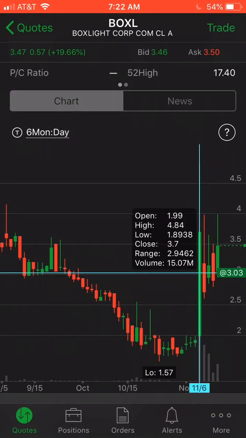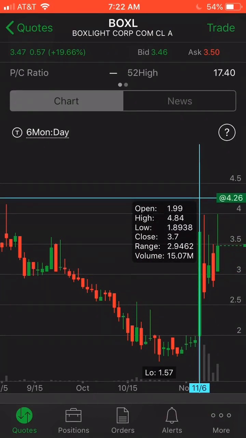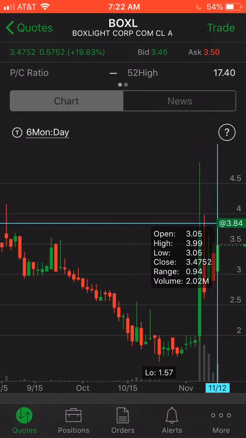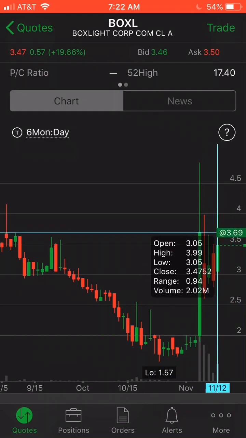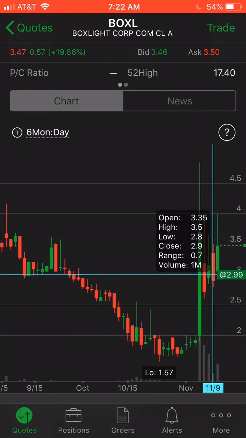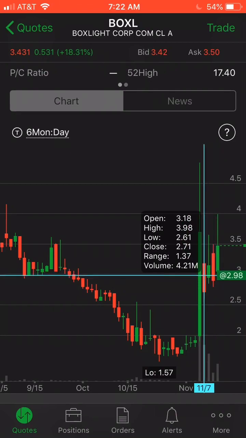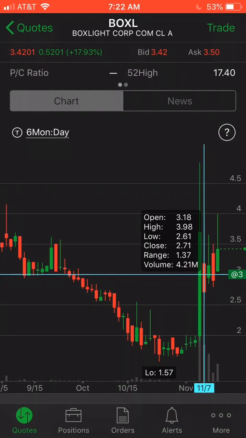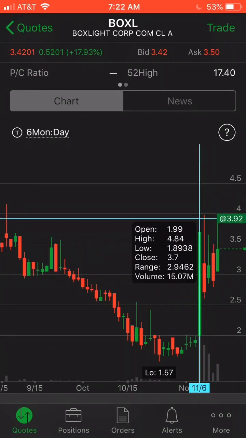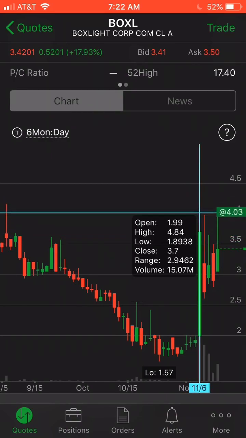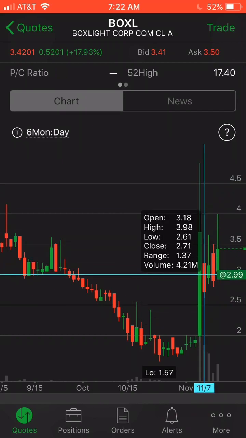So for this stock, there's resistance right now at 4, and it double topped over the daily chart there. So I might not trade that stock right now until I see it over 4, and then even when it's over $4, it still has pretty high resistance.